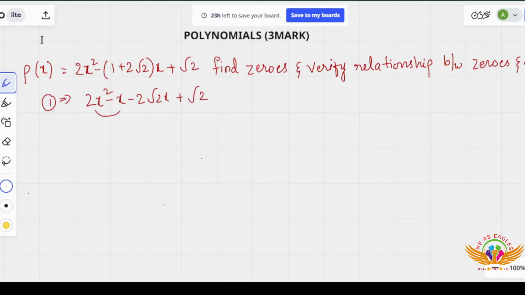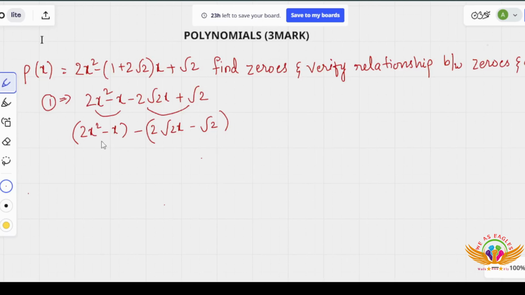Now I'm taking the first two terms and the second two terms separately: 2x² − x in one bracket and −2√2x + √2 in another bracket, so that I can take common.